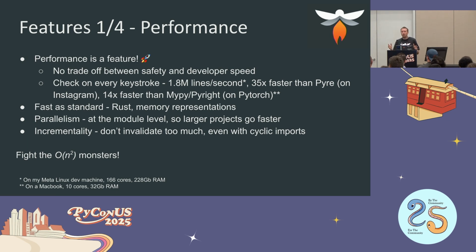The other thing about performance is we have to continually be fighting the n-squared monsters. It's very easy to design a type checker, and accidentally everything in the type checker kind of wants to be n-squared if you do it in the naive way. So we're always benchmarking, always looking for those n-squared, and then fixing them. But that's probably most of the work for performance. I see Gia nodding his head. He's got some battle stories.